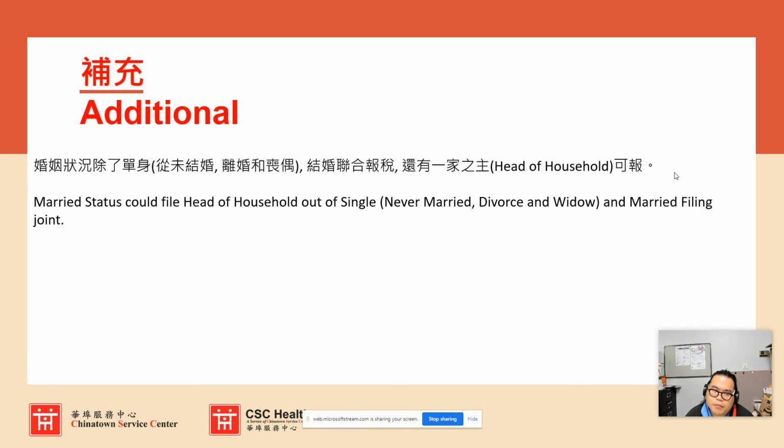Besides the marriage status, you could file for head of household. For example, a husband and wife are legally separated, and the wife takes care of the child. They could file head of household.